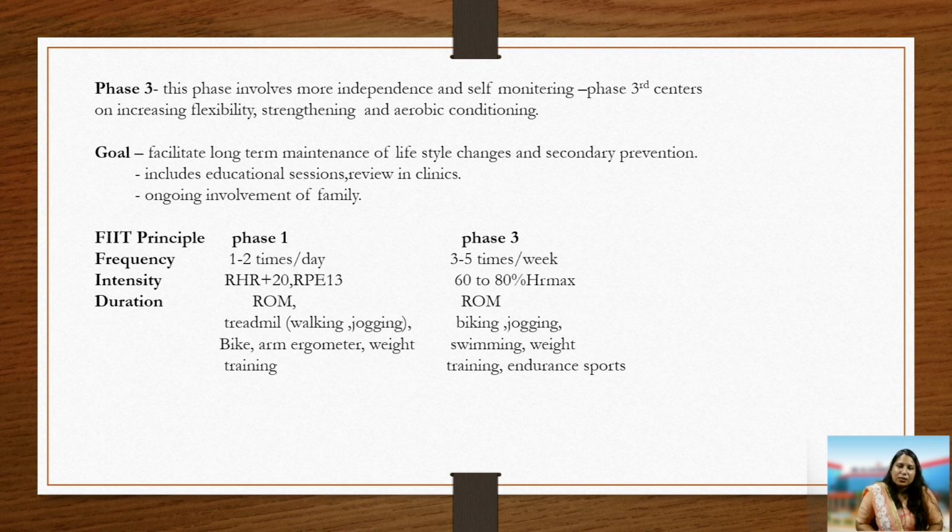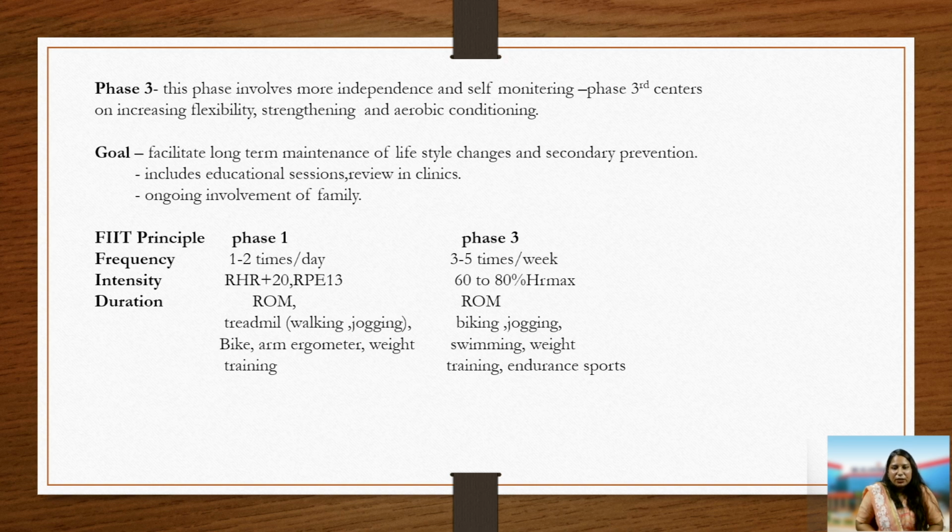FIT principles in phase 1 and phase 3. The frequency in phase 1 is 1 to 2 times per day, and intensity is resting heart rate plus 20, with repetitions of 13s. Duration: range of motion, treadmill walking, jogging, biking, arm ergometer, weight training.